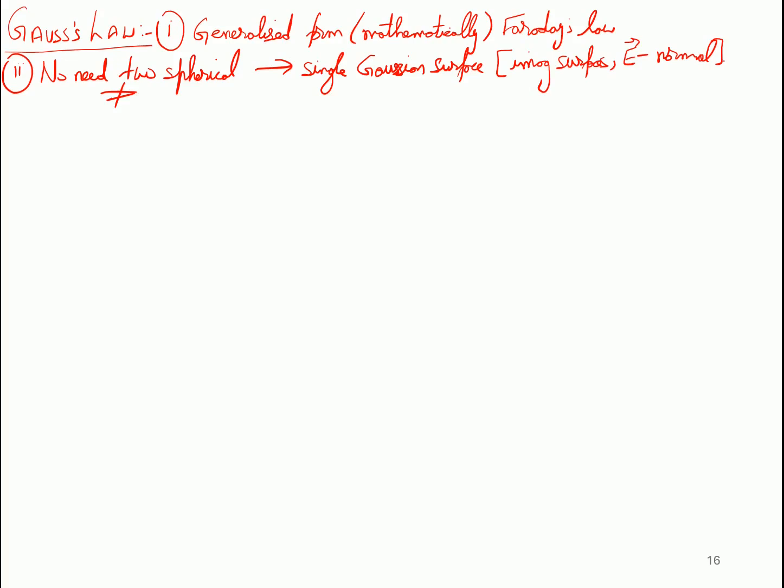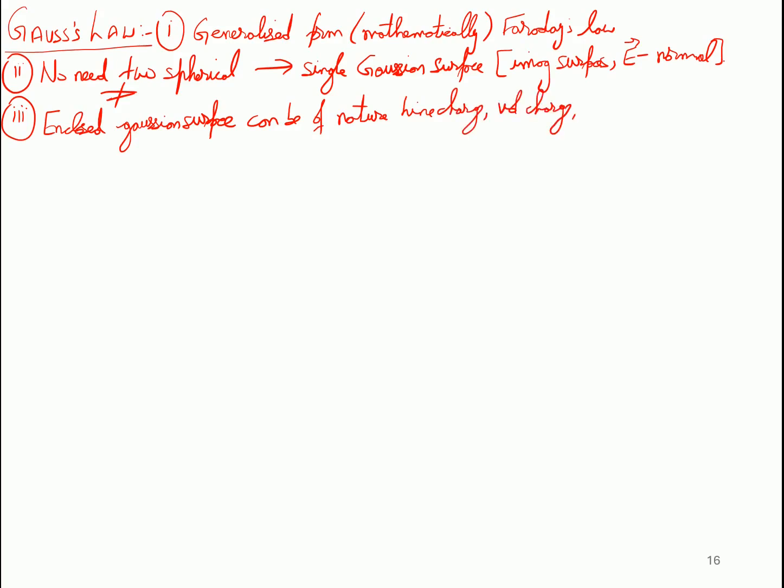And finally, he also said that the enclosed Gaussian surface can be of any nature, such as a line charge, volume charge, surface charge, or even a point charge.